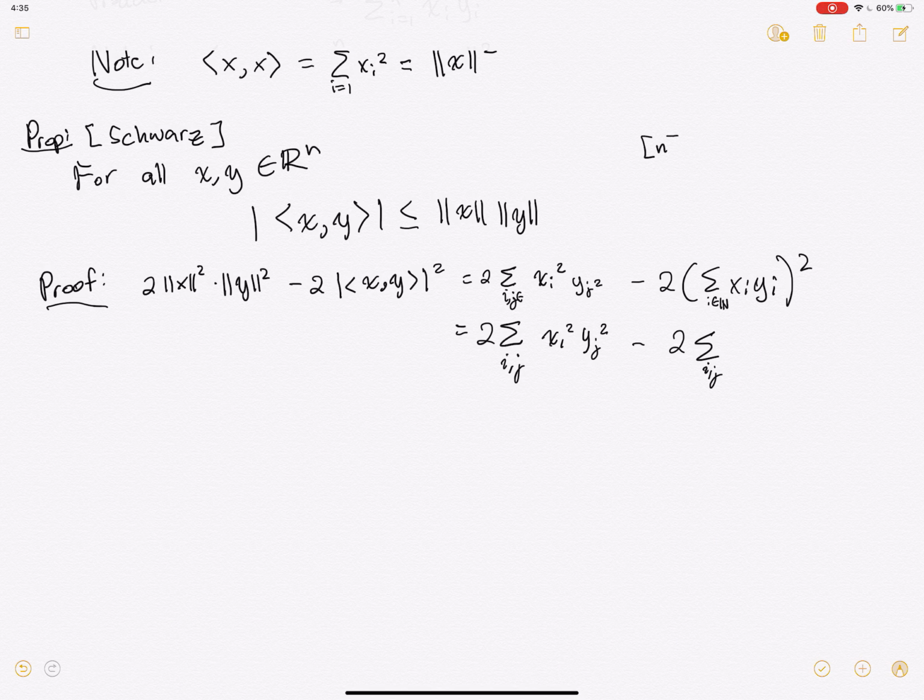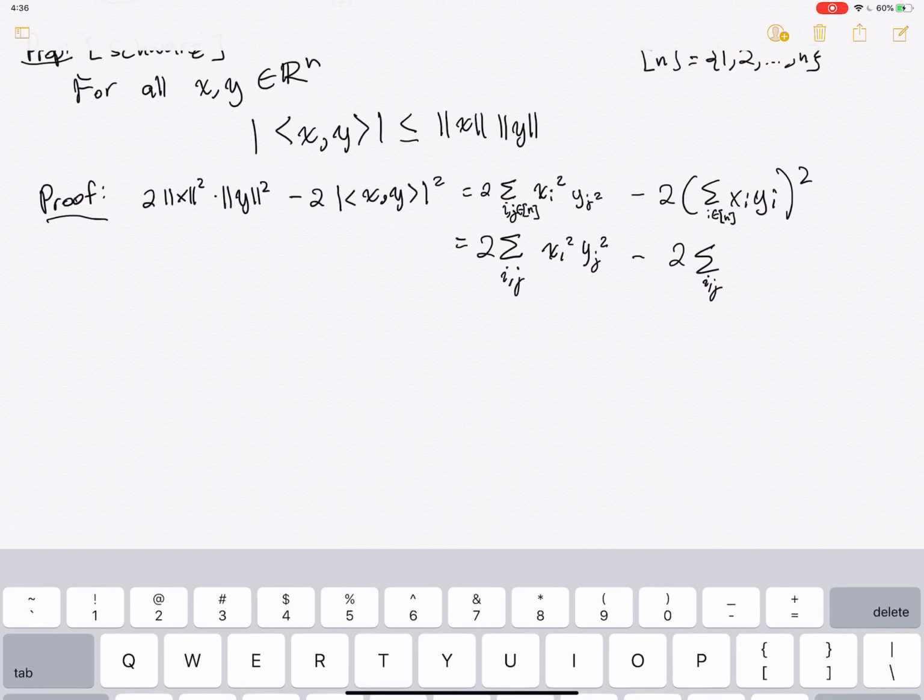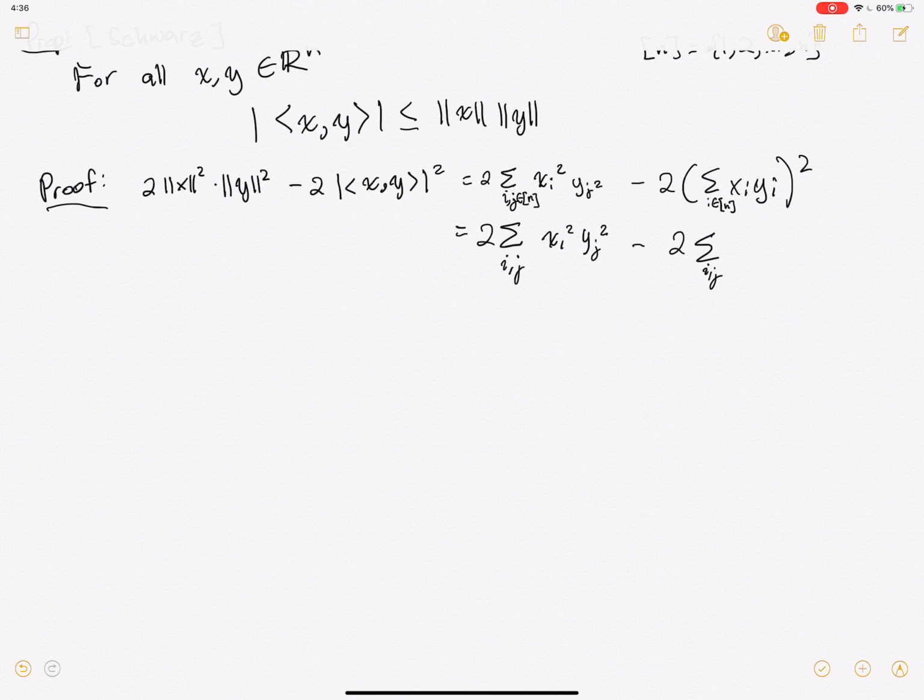Let's define the set as 1, 2, up to n. Just to make it less messy, I'm just going to omit that part though.